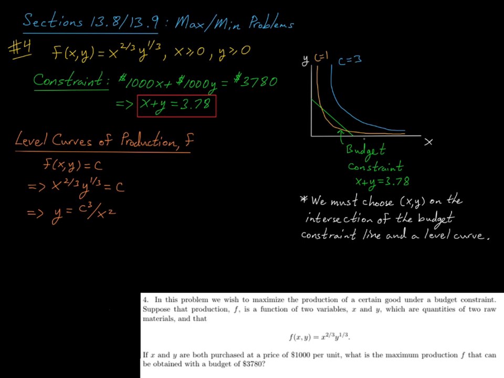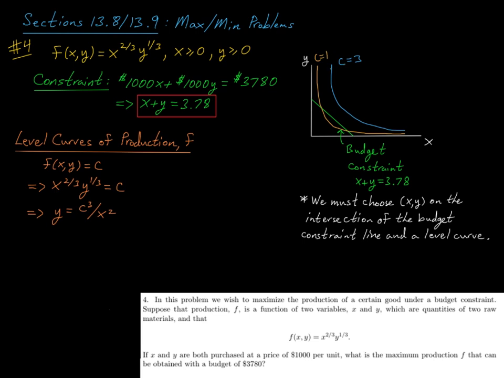Now as I just noted, we need to choose a point (x, y) on the green budget line. And so if I'm thinking about a specific production level, like c equal to 1, if I were to choose the point where this level curve intersects this budget line, say this point or this point, those points would be telling me the amount of x to use and the amount of y to use to yield a production level of 1.